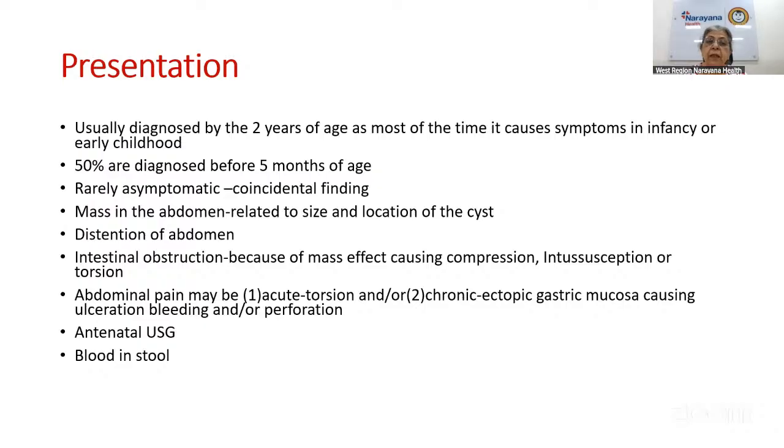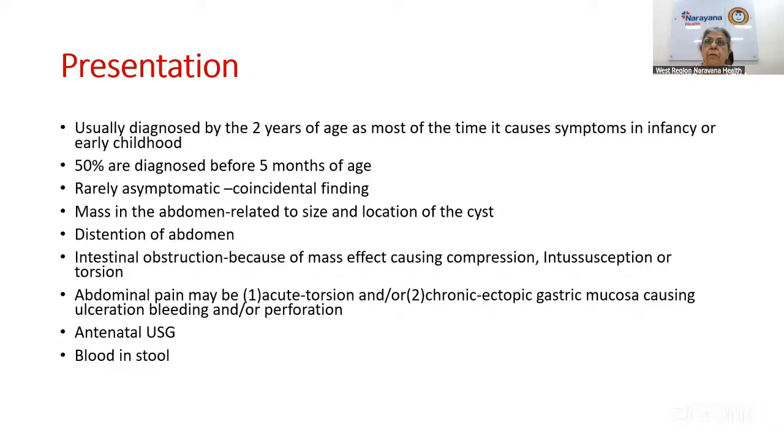It's very rarely asymptomatic, and very rarely it's a coincidental finding. You find it when you are investigating the child for some other disease. They usually present with a mass in the abdomen, distension of abdomen. This mass in the abdomen will be related to the size and location of the cyst.